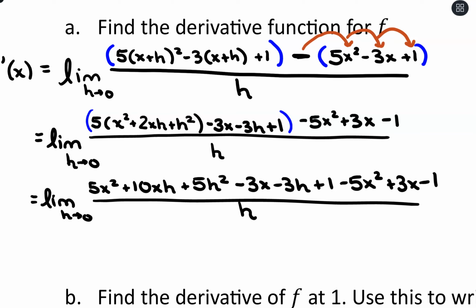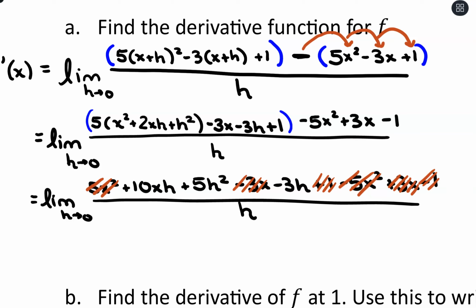And this is where some things should be starting to turn into 0. So like we have positive 5x squared and negative 5x squared. So those will turn into 0. Minus 3x plus 3x, that'll turn into 0. Plus 1 minus 1, that'll turn into 0.